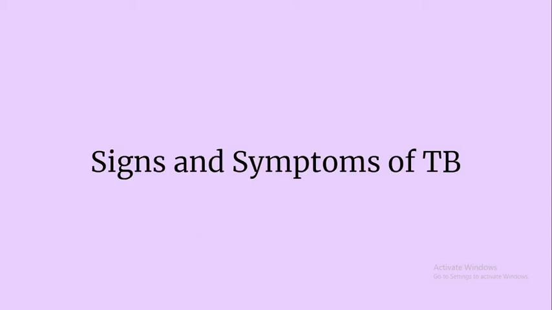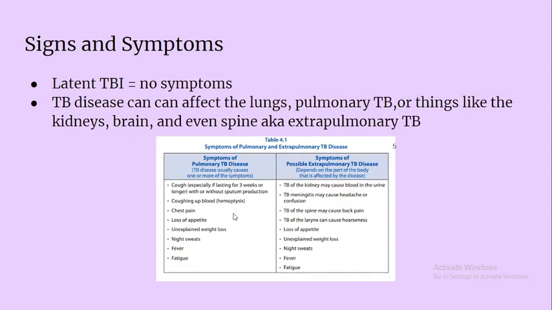Okay, so signs and symptoms of TB, it really depends on where in your body it is and what kind of TB you have. If you have latent TB, there are no symptoms. You won't necessarily know that you have it.